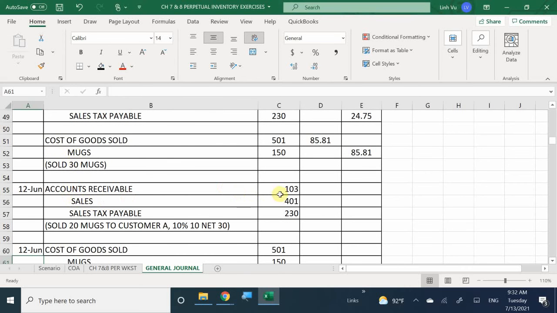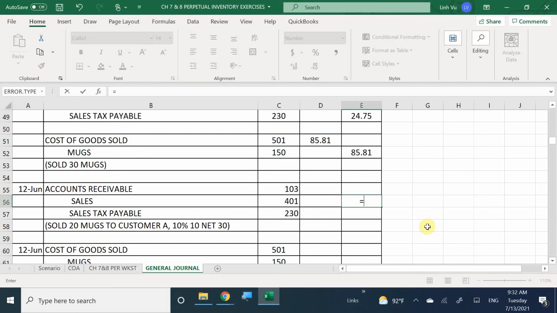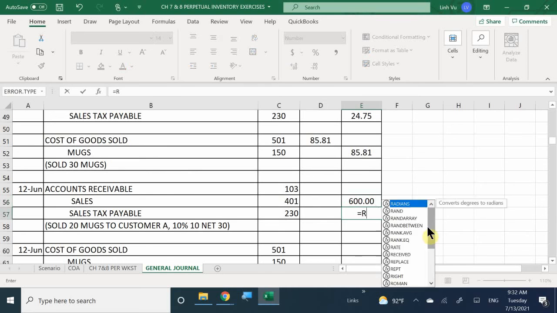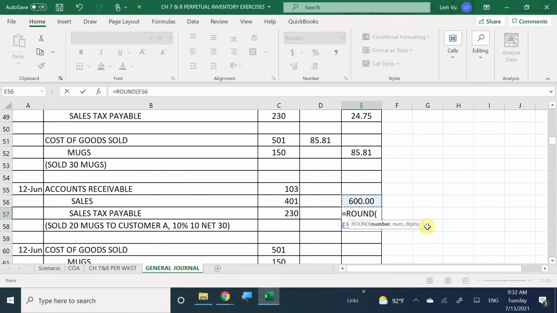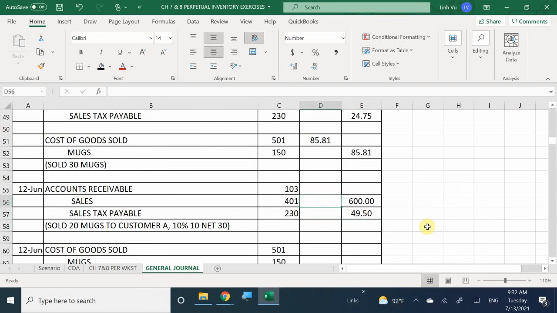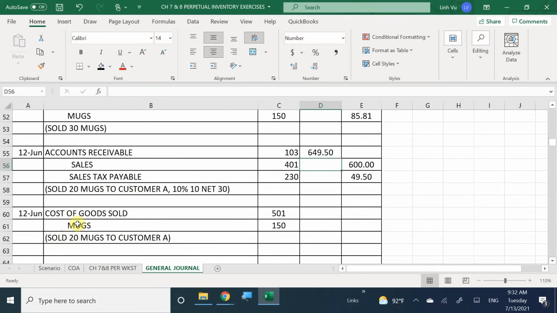How much did I sell? What's my total sales if I sold 60 mugs for $10 each? $600. How much tax did I charge customer B? $49.50. So in grand total, how much does customer B owe me? $649.50. Good.